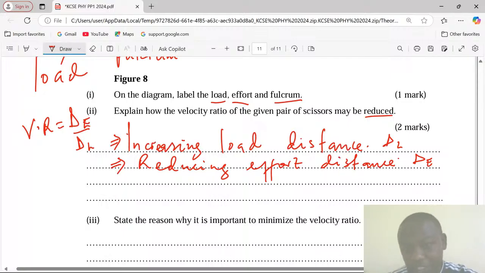When we reduce effort distance, velocity ratio also reduces. When we increase load distance, which is inversely proportional to velocity ratio, the velocity ratio will be lowered.